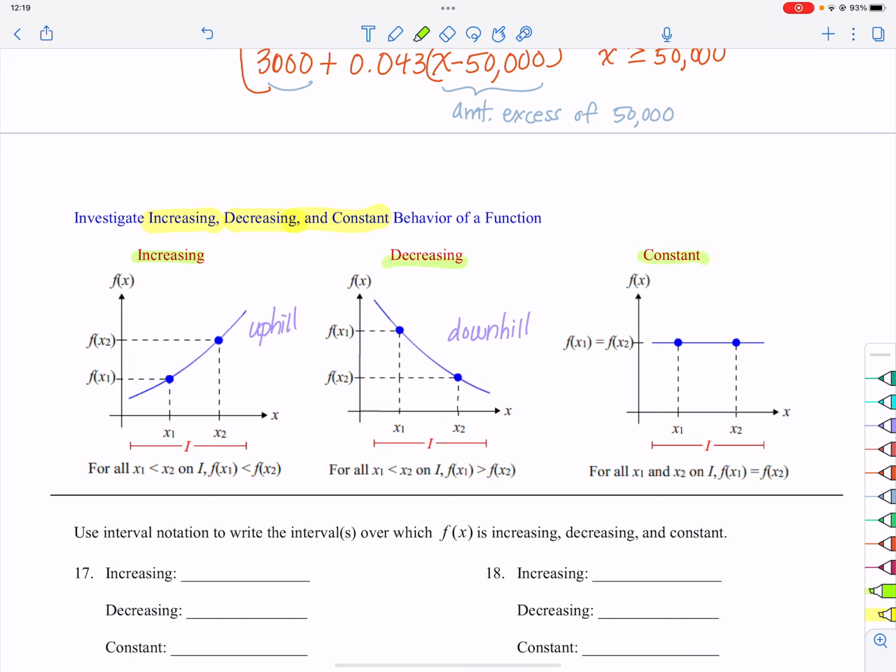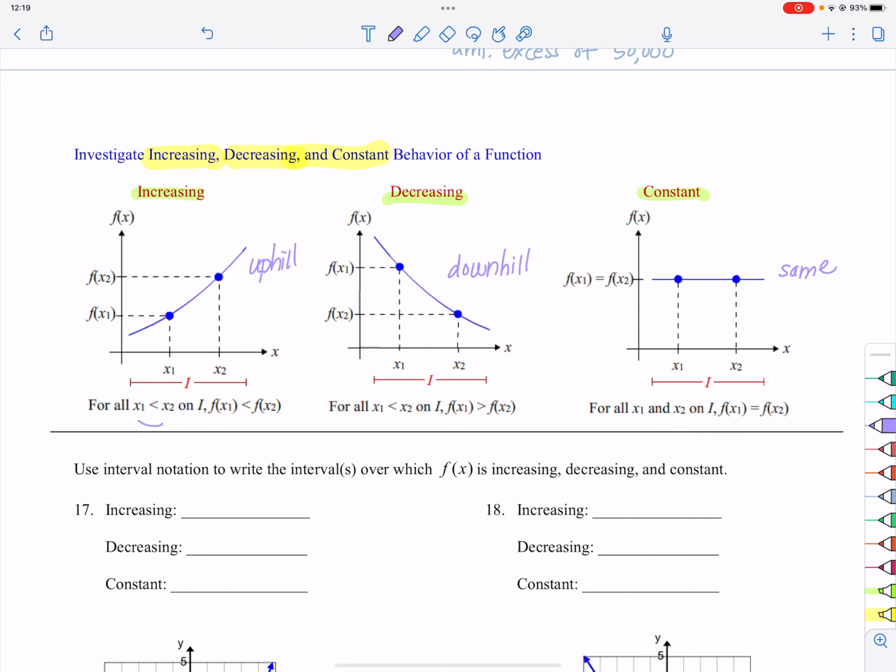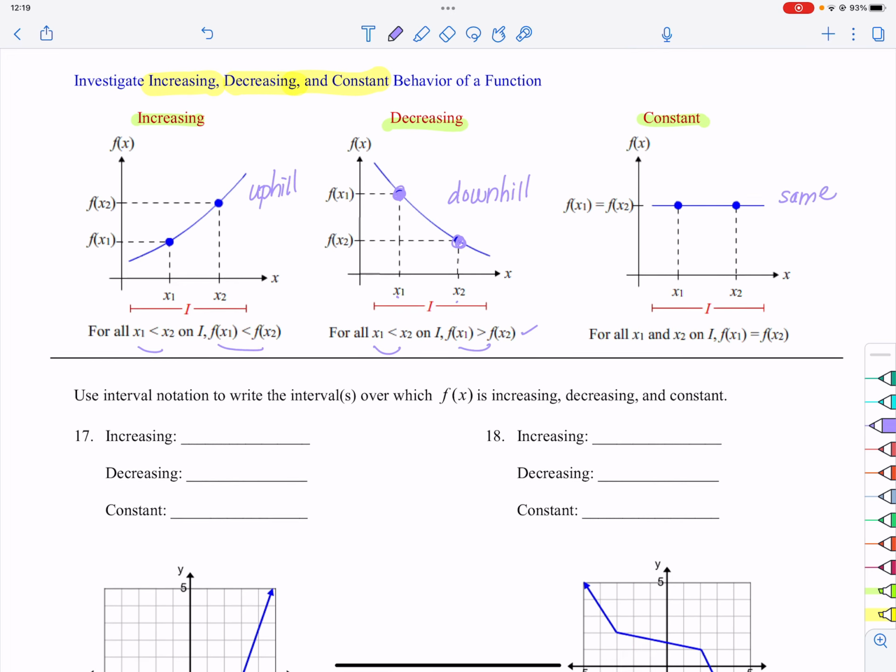And the function is constant if it remains the same, if those y values remain the same. Here are the definitions if you'd like to read through those. It's written pretty nice. It basically says when x1 is less than x2, but the y value of x1 is greater than the y value of x2, we have a decreasing function. So the definitions are quite nice.